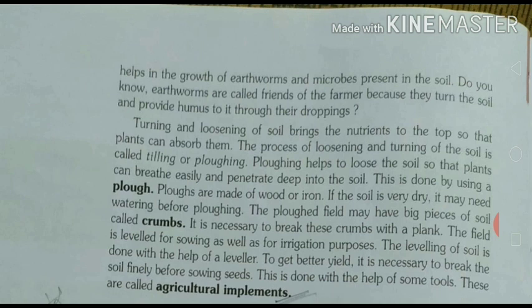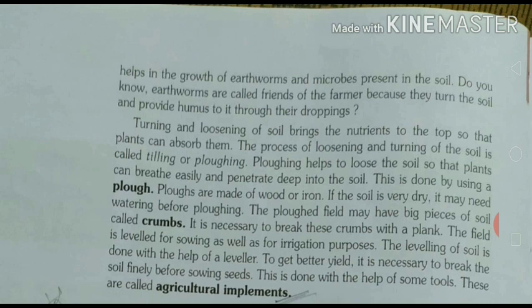Weeds means unwanted plants standing in the field, and thereby suffocates them to death. The last one, the loosening and turning of soil during plowing brings the nutrient rich soil to the top so that the plant can use these nutrients.